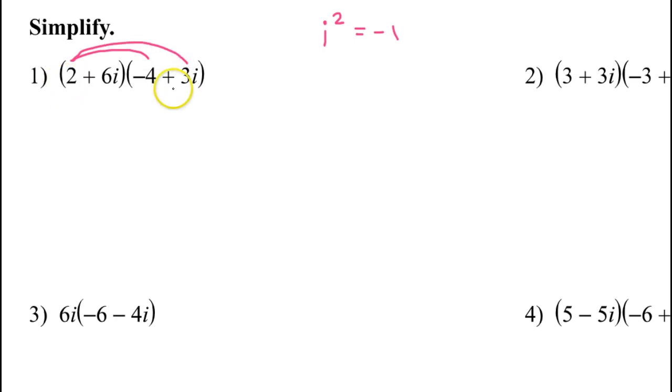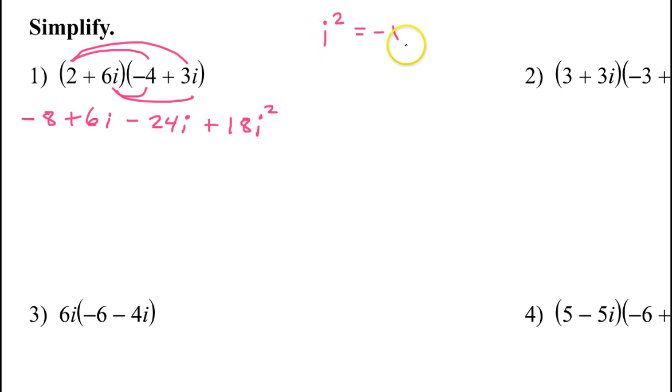So for example, if I multiply by 2, that's going to give me -8 plus 6i. Now I'm going to multiply everything by 6i, and that's going to give me -24i plus 18i squared.